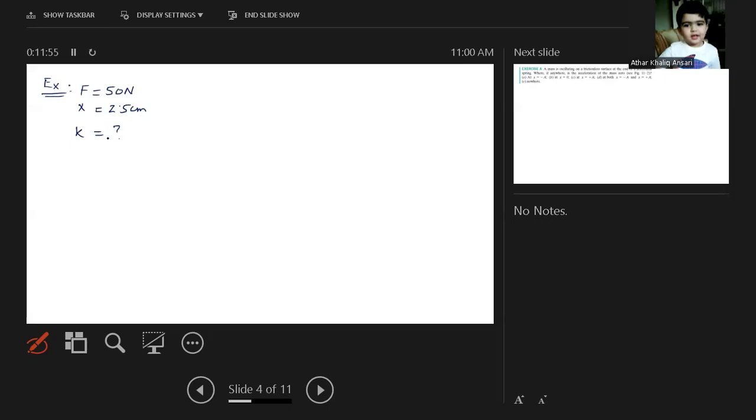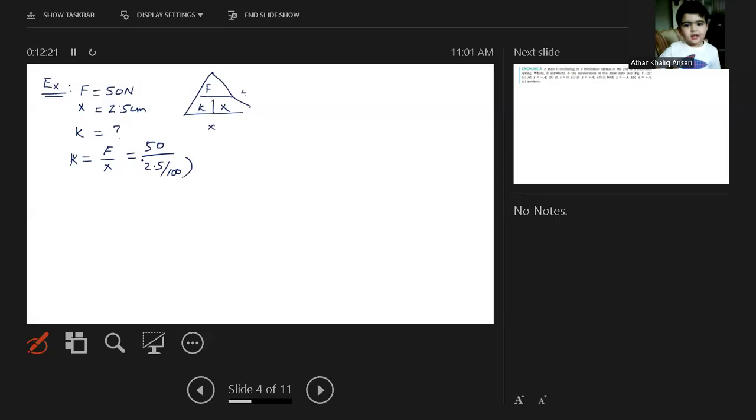What will you do? You know the triangle for Hooke's law: F is equal to kx. Here this is division and this is multiplication. So k is equal to F over x. F is 50 divided by 2.5 over 100.